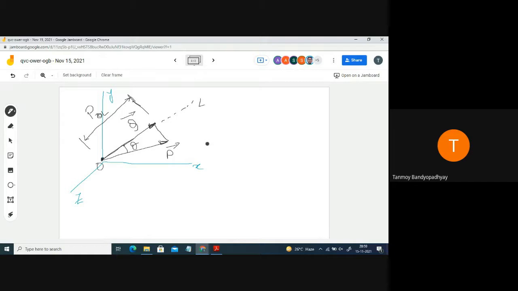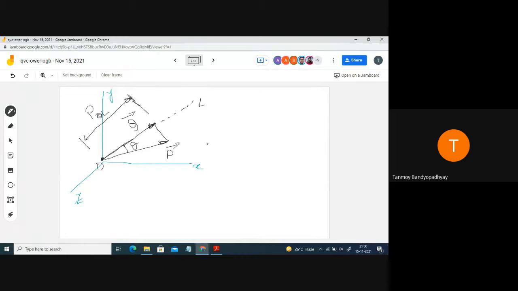POL, or you can call it PQ also, is the projection of the vector P in the direction of the vector Q. So how do we find the projection of a vector on a given axis, or the projection of a vector on another vector? So what will be POL? If I could write, just 1 minute.